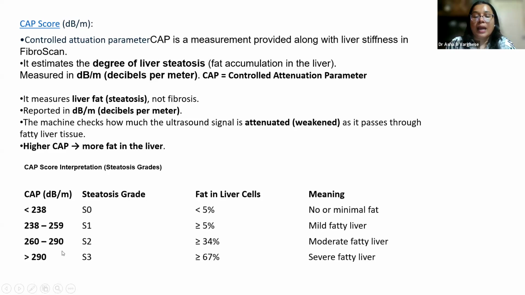Between 260 and 290 it is S2, more than 34% fat: moderate fatty liver. And if the CAP score is more than 290, it is S3. More than 67% of your liver cells have fat accumulation. It is a severe fatty liver.